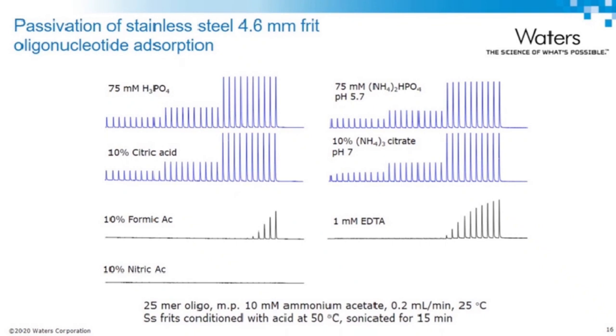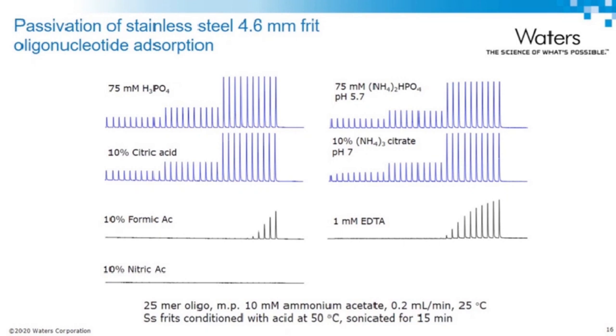Here I show an experiment with an oligonucleotide where we took threads, put them in a solution of these shown acids, sonicated them for 15 minutes at 50 degrees C. Then we took the thread, connected it into a system, washed with mobile phase briefly, and started experiment.